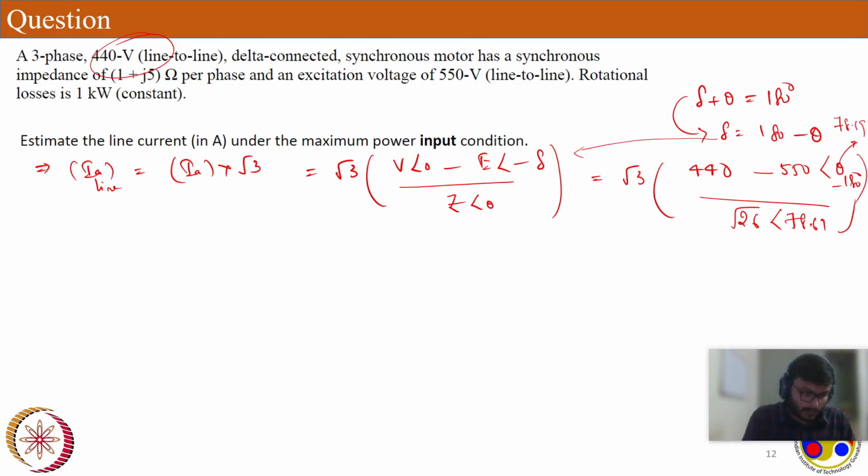Multiplied by root 3, 440 minus 550 divided by Z, root 26 at an angle of theta.